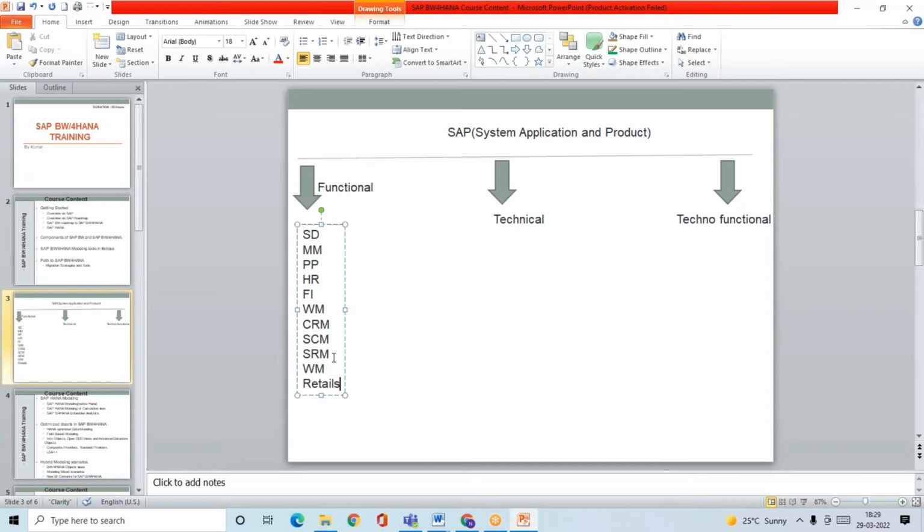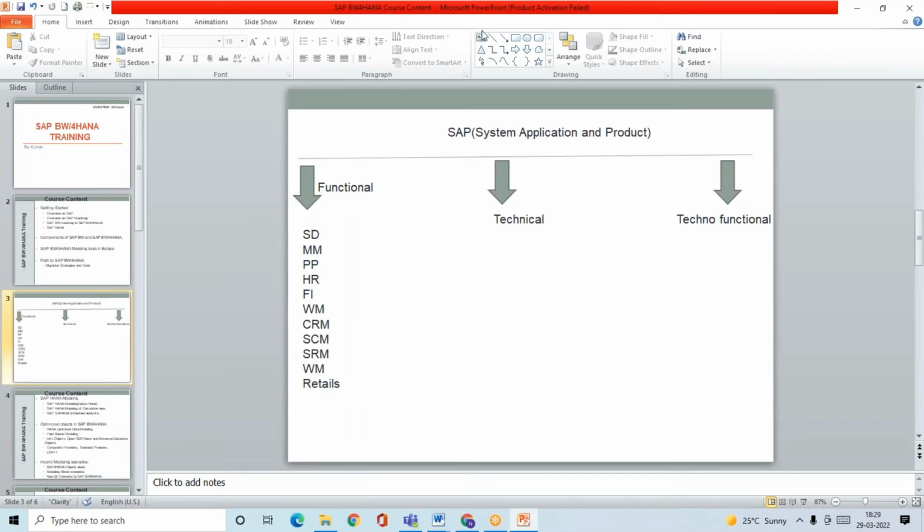SRM, supplier relationship management. Warehouse management we have already covered. And then the retail industry, like you have Croma in India, Big Bazaar, those are all retail industries. If they want any software, they can use this one. So these are all your functional modules.